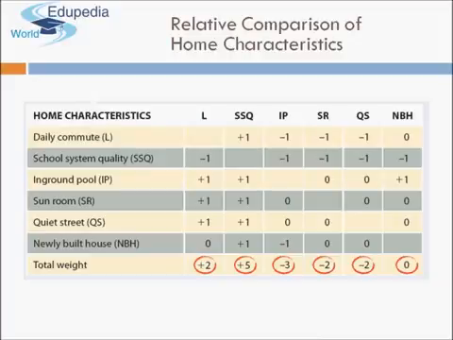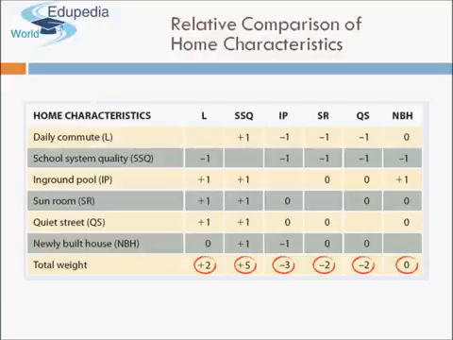Another way of giving weightage is relative comparison. In relative comparison, you compare every criterion with the other criteria. If you can see in this chart, daily commute is L, then you have SSQ, IP, SR, QS, NBH. Now L is compared to SSQ, IP, SR, QS, NBH.